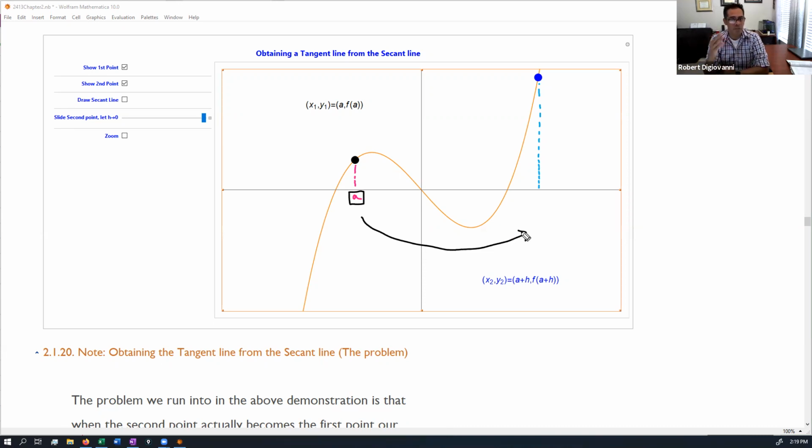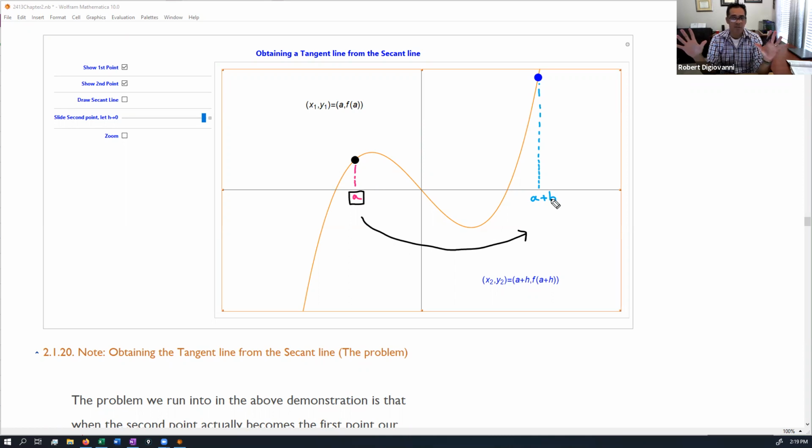So it would be A plus something. A plus, I don't know, whatever amount I want would move me to the right. So instead of X, we're going to call it A plus H. So it's this value A, but add something to it. So instead of me saying A and X, I'm saying now A and A plus H.